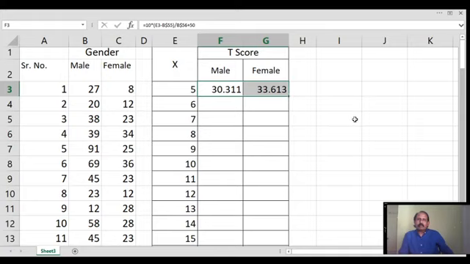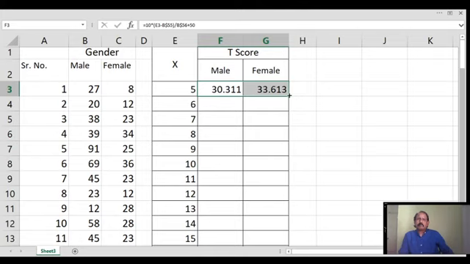Look again. I am bringing the cursor over the tiny square. The shape of the cursor will change. It will become a plus, and now I am clicking twice.